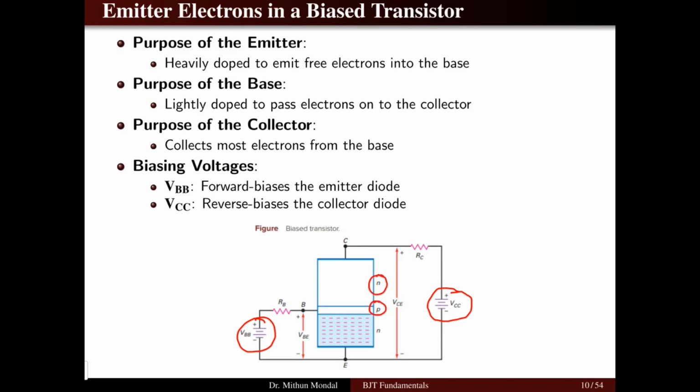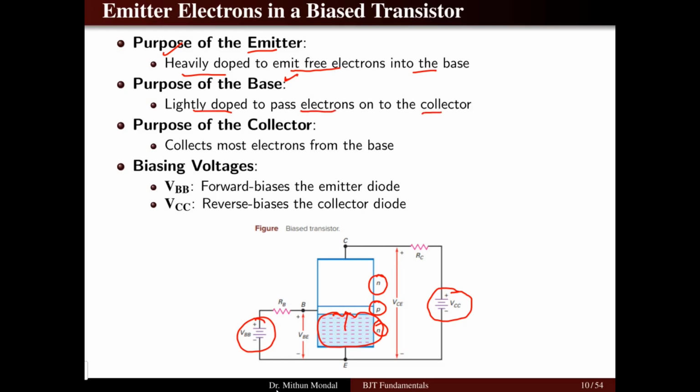And the transistor that we have taken as an example is basically the NPN transistor. The emitter, which is heavily doped, will be emitting the free electrons into the base. The electrons present in the emitter, being heavily doped, will be emitted towards the base region. The base, as we know, is lightly doped, so it will pass the electrons on to the collector.